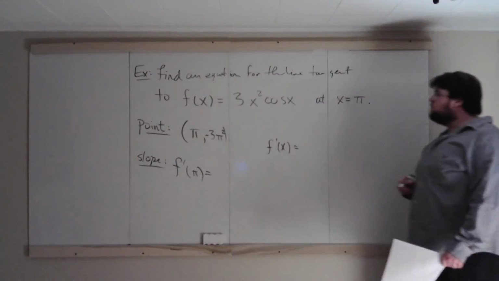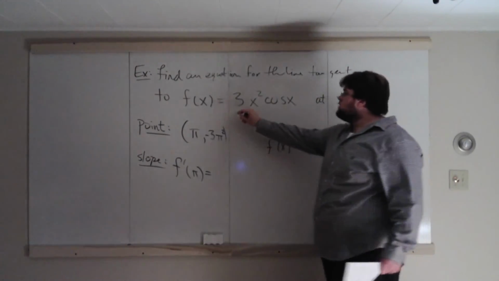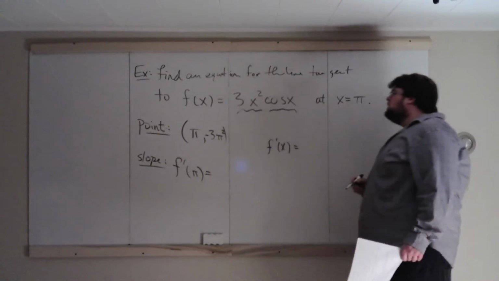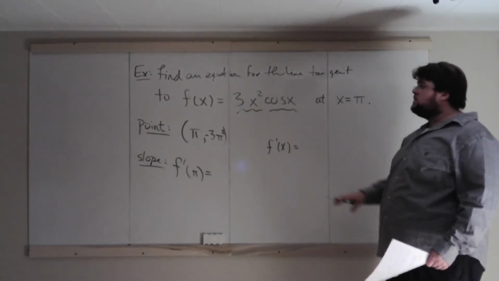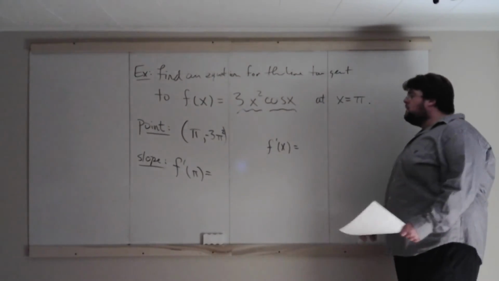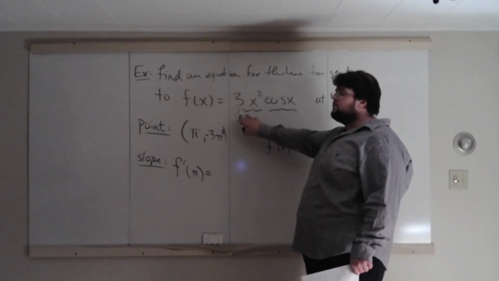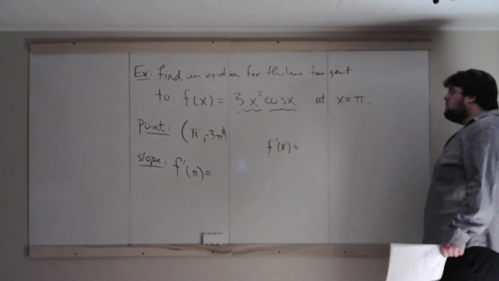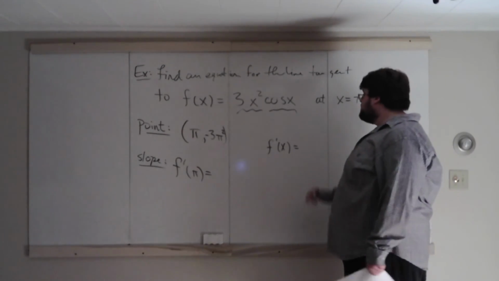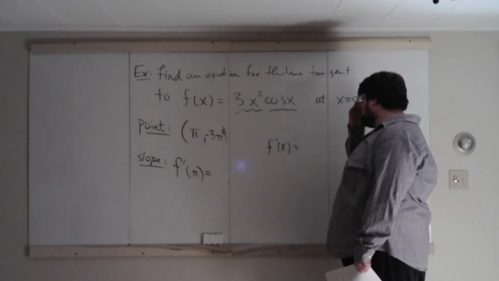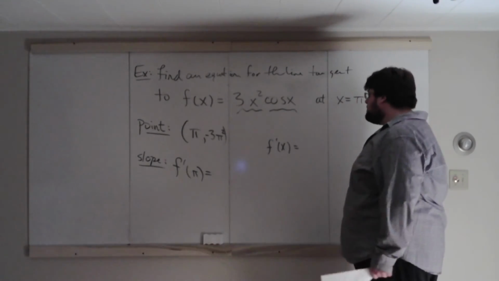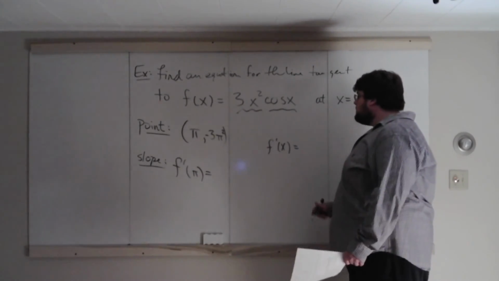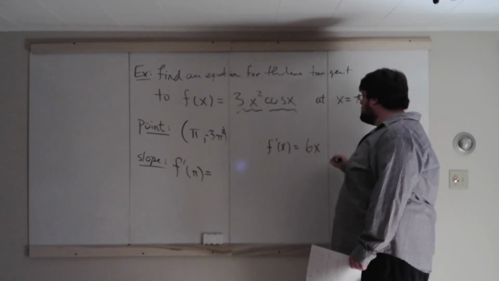So what's the derivative? We have 3x squared times cosine x. You could just write the 3 and then deal with x squared cosine x, but I'm going to have the 3 be a part of the first term. As a result, the derivative of 3x squared is 6x.